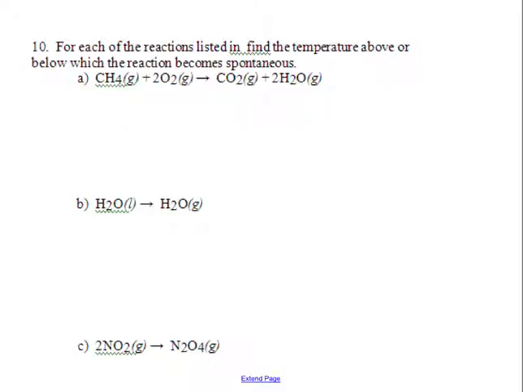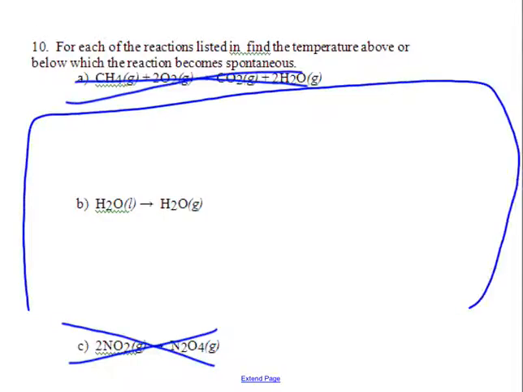With these, I'm really only going to do one problem on this page, and that's part B. We really don't need to do these. Okay, so we're looking for the temperature at which this reaction becomes spontaneous.